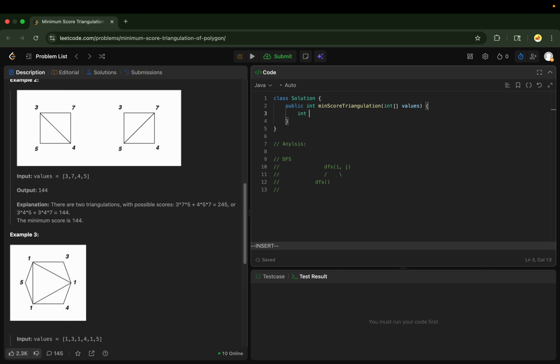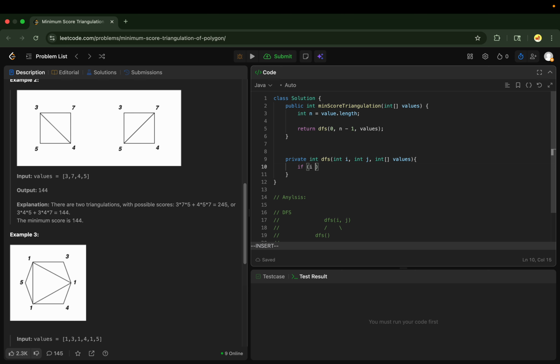So directly return the DFS, starting from 0, the first point, and this is the last point, like 1 here, 5 here. So it can pick up points from 3, 1, 4 to generate the triangle. int j.